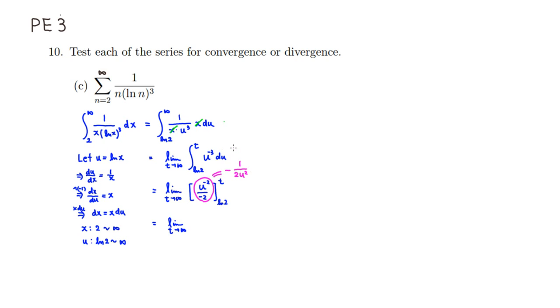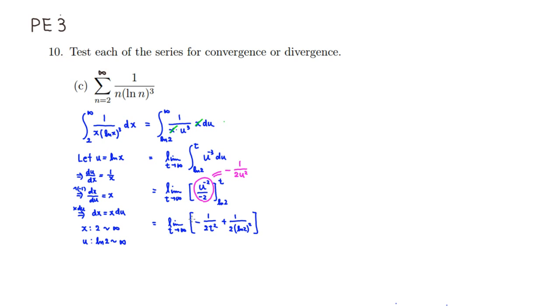Plugging in t, you get negative 1 over 2 times t squared, minus, and negative, so positive 1 over 2 times natural log of 2 squared. Maybe I should put a bracket here.